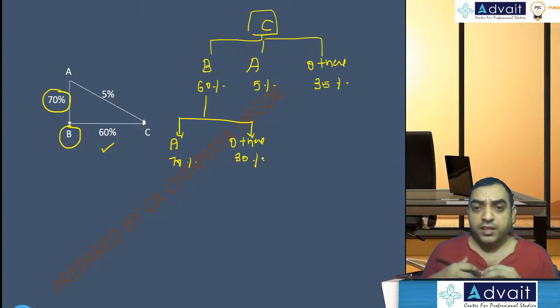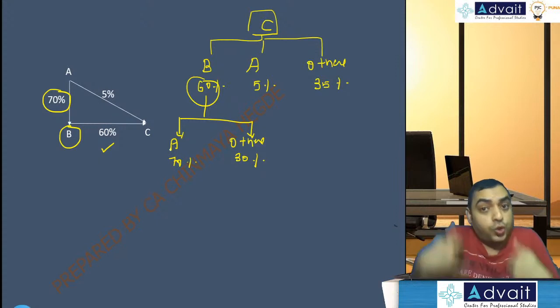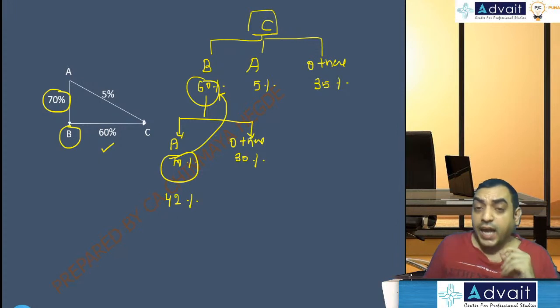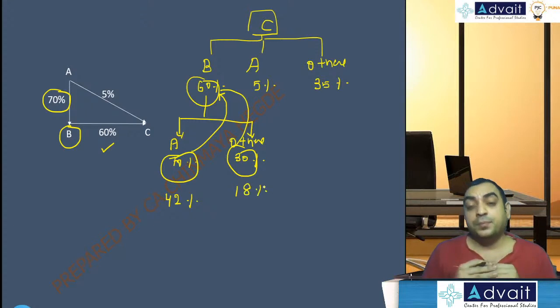So if I try to understand the ownership of the 60%, if I divide it among its own shareholders, A will have 70% of 60%, that is 42%. And others 30% of 60% means it will be 18%.